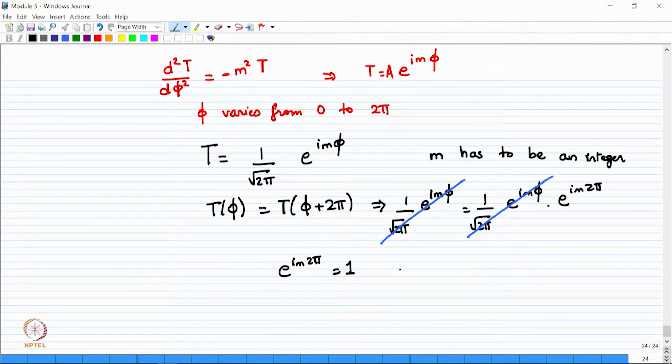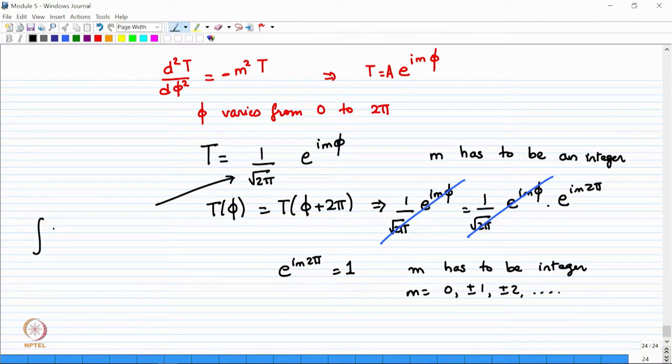So you get that m has to be an integer, m equal to 0, plus minus 1, plus minus 2, etc. And the normalization constant 1 by root 2 pi is there to satisfy this: the constant comes from the integral of t star t d phi from 0 to 2 pi, which should be equal to 1. This is the normalization condition for this wave function.